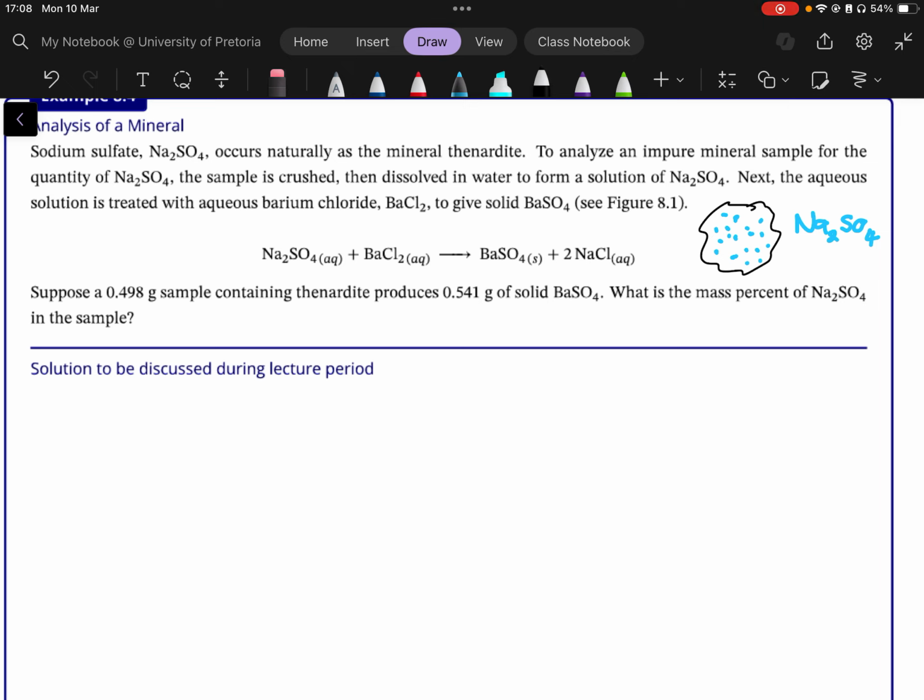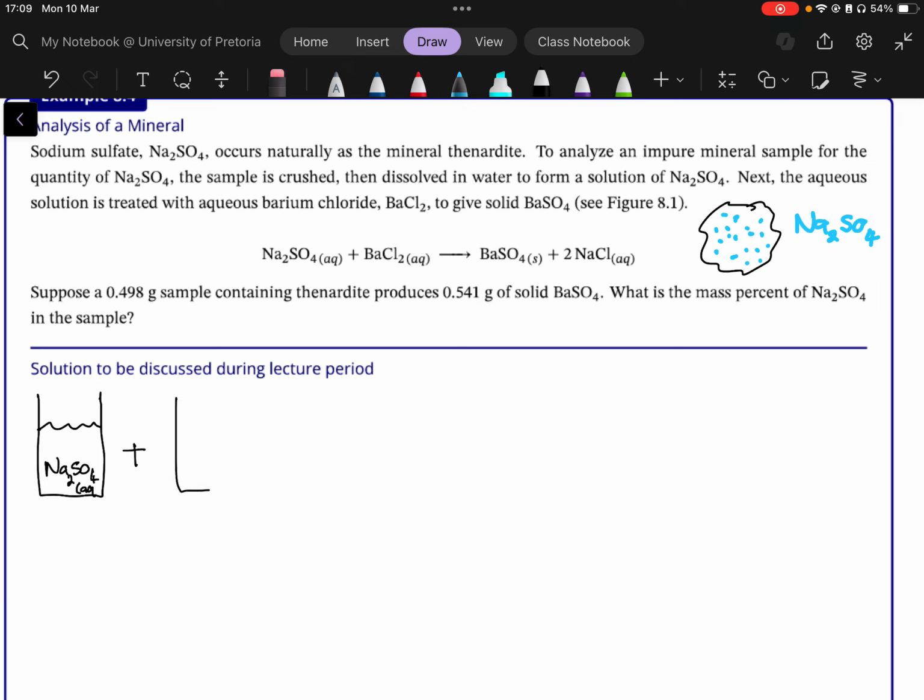Then we add aqueous barium chloride. So let's draw that for ourselves. We have a solution of sodium sulfate, so we'll probably just do it like this, SO4. This is, of course, aqueous.